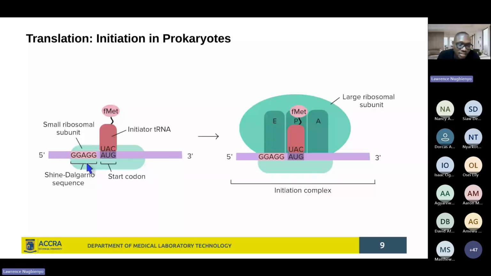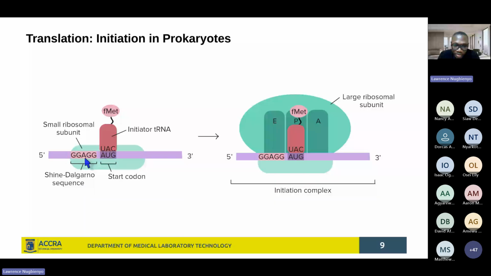In prokaryotes, what you find as the promoter region is what is referred to as the Shine-Dalgarno sequence. So that's different. It's not the repeating sequence of thymine, adenine, thymine, adenine, but you see this sequence of guanine, guanine, adenine, guanine, guanine as the Shine-Dalgarno sequence, which is that promoter region in prokaryotes.